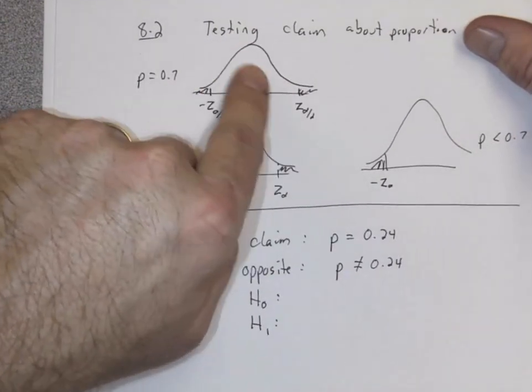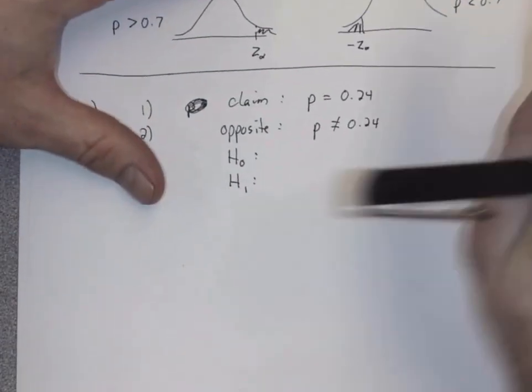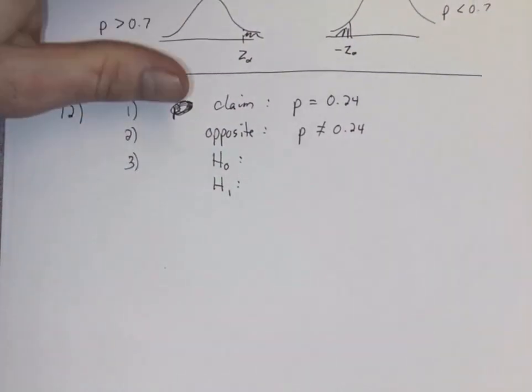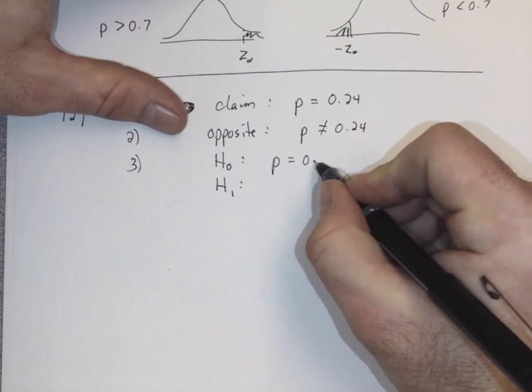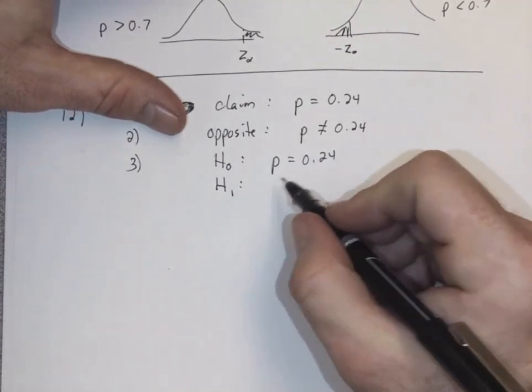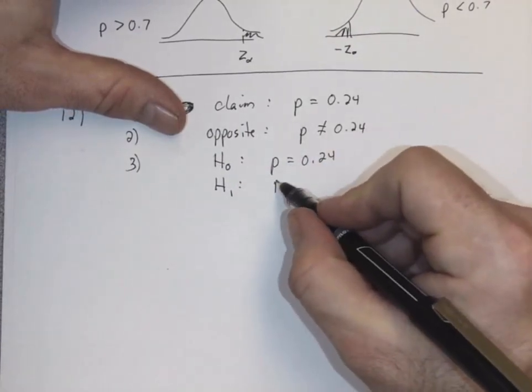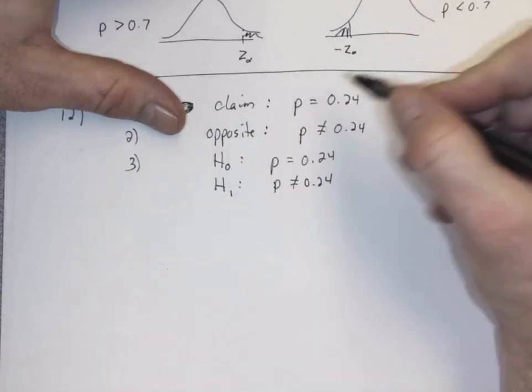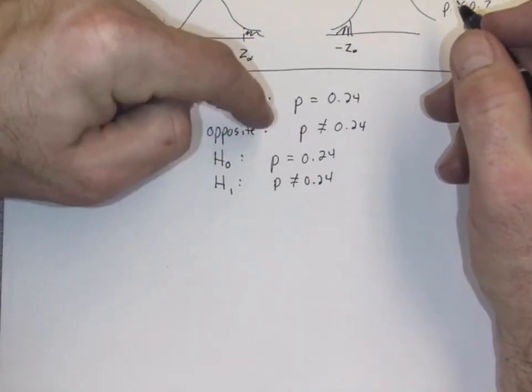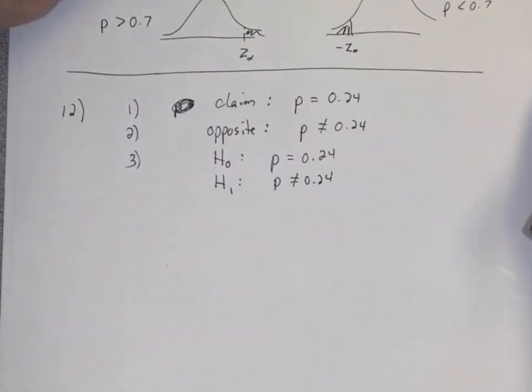So let's take a look. The null hypothesis is always the one that has the equal sign in it. So this one right here is our null hypothesis, that P is equal to 0.24. That means the alternative is P is not equal to 0.24. Now these little colons basically mean the claim is this, the opposite is this. The colon is really just a shorthand for 'is'.